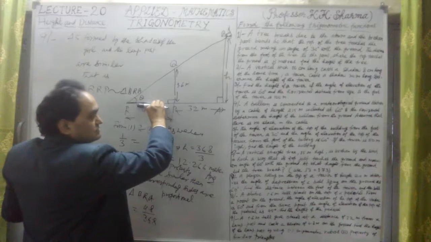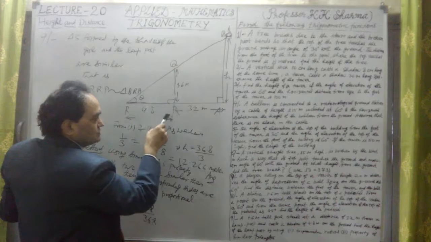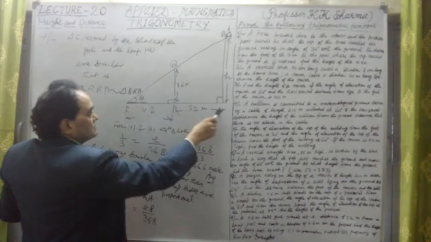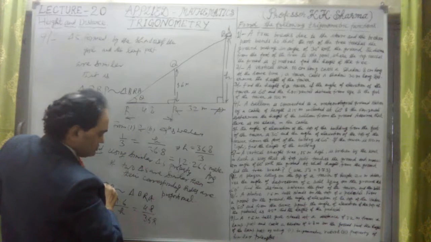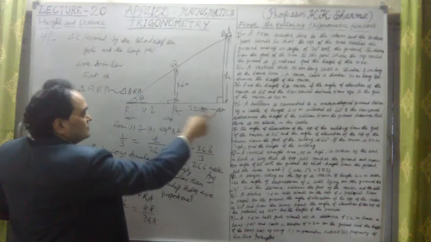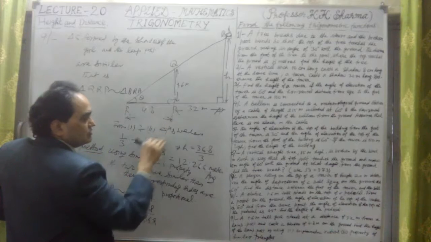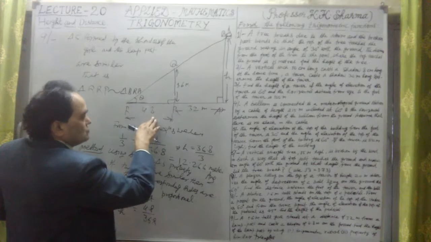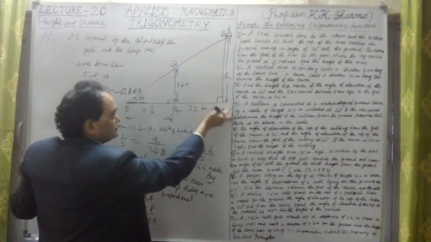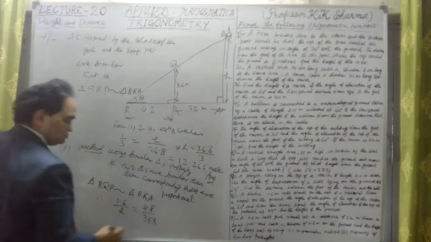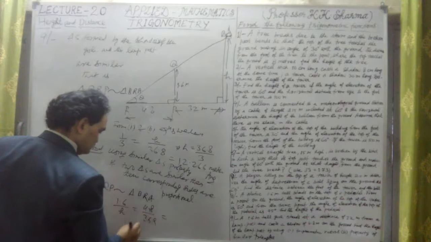Why? Because this is the distance of the foot of the girl from the vision point, and the total distance of the lamp post from the vision point is 36.8, the total base of the bigger triangle. If the ratios of the corresponding sides are proportional, this is equal to 4.8 upon 36.8.